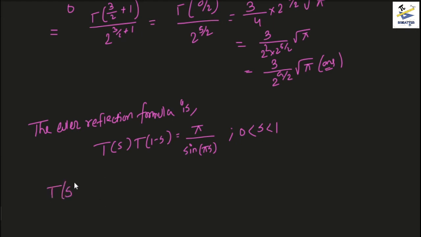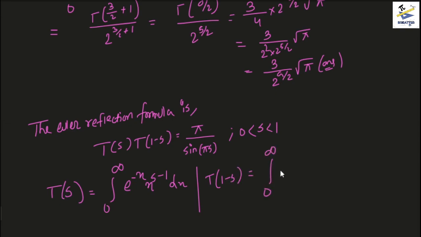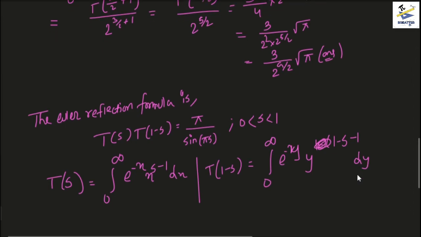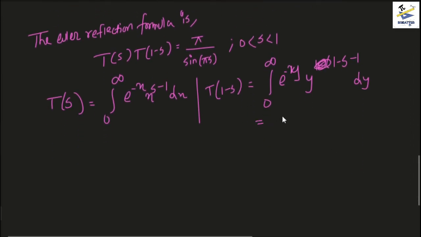We can write that gamma of s is basically the integral from 0 to infinity of e to the power minus x into x to the power s minus 1 dx, and gamma of 1 minus s is basically the integral from 0 to infinity of e to the power minus y into y to the power 1 minus s minus 1 dy, which can just be written as the integral from 0 to infinity of e to the power minus y into y to the power minus s dy.